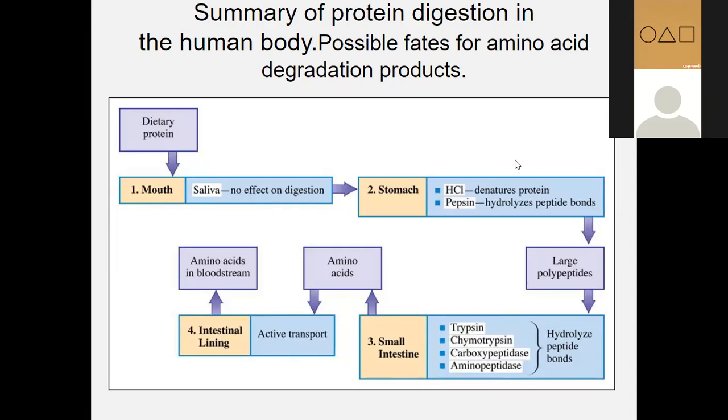So let's repeat, no? So sa stomach mo nag-start yung digestion, magde-denature ng mga proteins, and pepsin will hydrolyze them. It will be broken down to polypeptides. Pagdating sa small intestines, you still hydrolyze the peptide bonds by the specific enzymes, trypsin, chymotrypsin, carboxypeptidase, and aminopeptidase, until they become amino acids, and they're actively transported through the intestinal lining to the bloodstream.